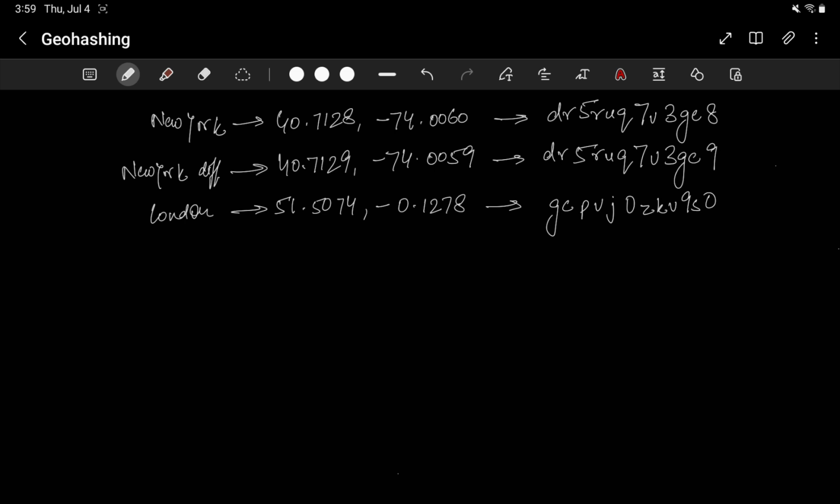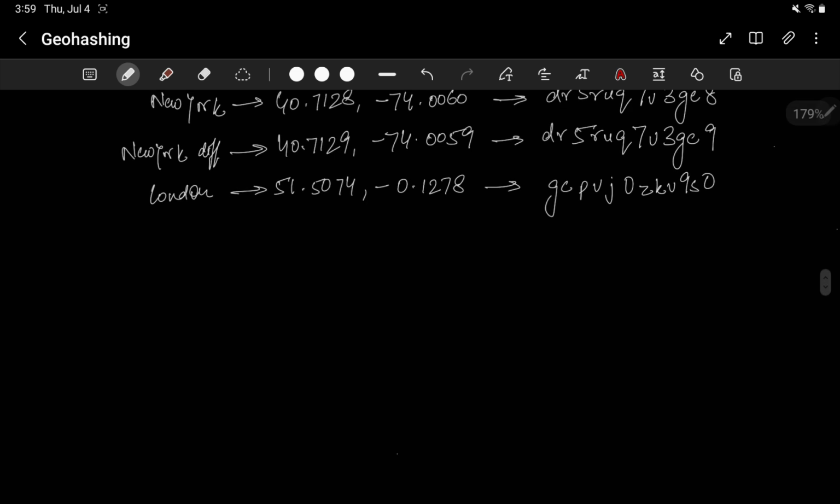Okay, next, one more thing. The length of the characters that you see gives you the precision. Let me give you one more example.